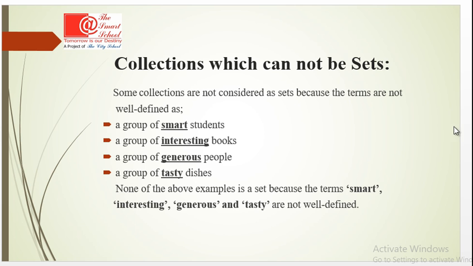So these collections we cannot write as sets, and these words differ from individual to individual, as a dish is tasty for me but maybe you don't like it. So these are the collections which cannot be written as sets.